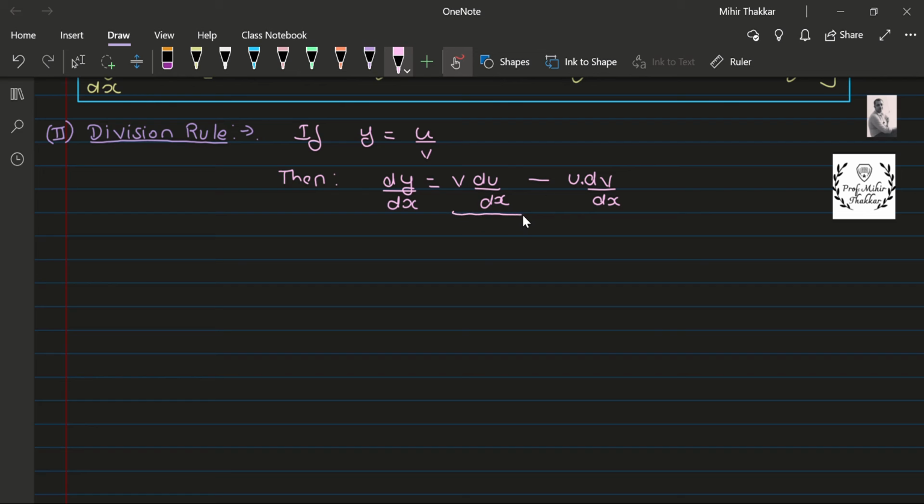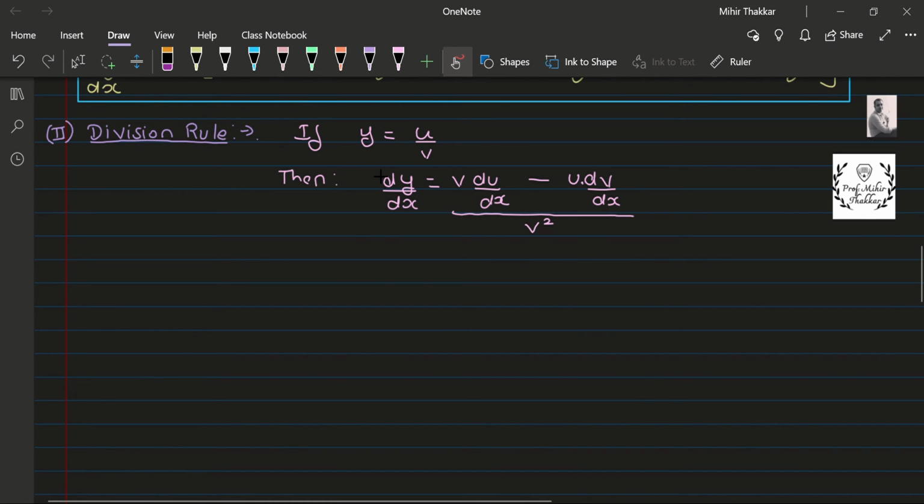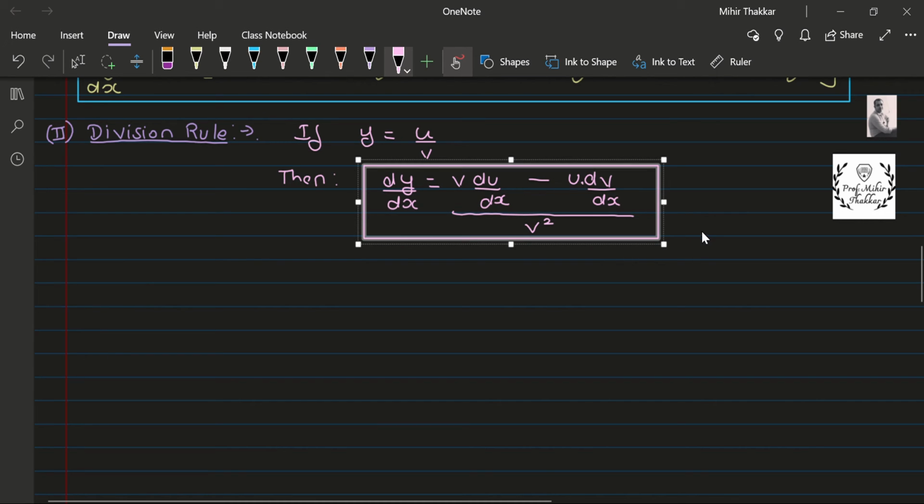One more change over here, it will be divided by the denominator square, which is divided by v square. So the rule says it is v derivative of u minus u derivative of v upon v square. Come on, let us understand how to apply this with the help of few examples again.